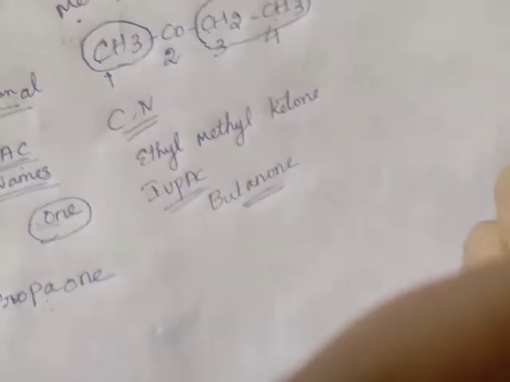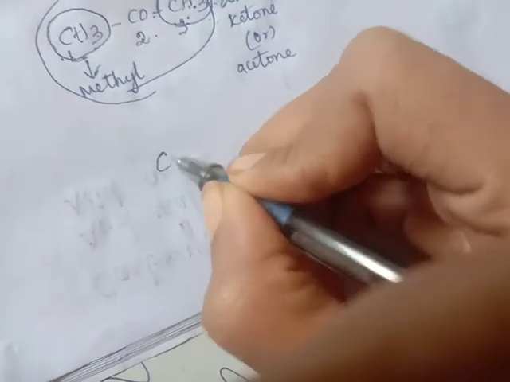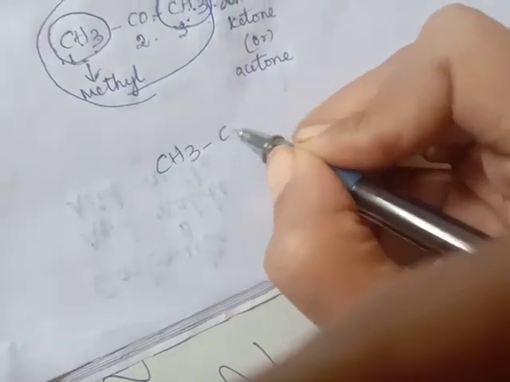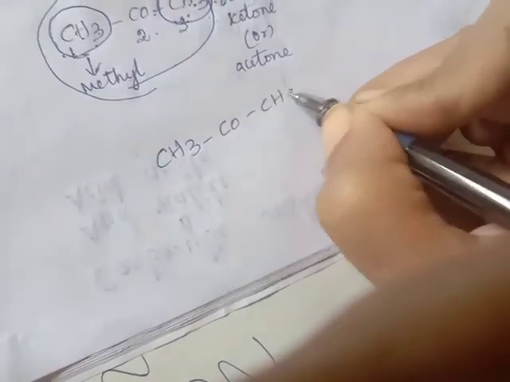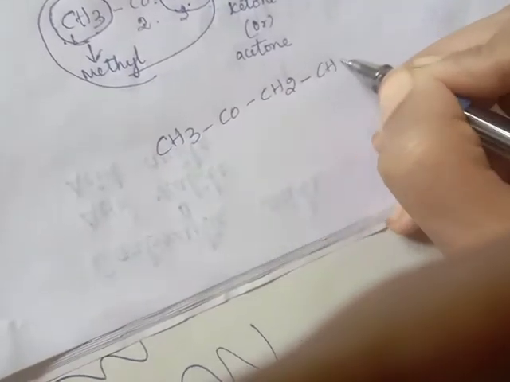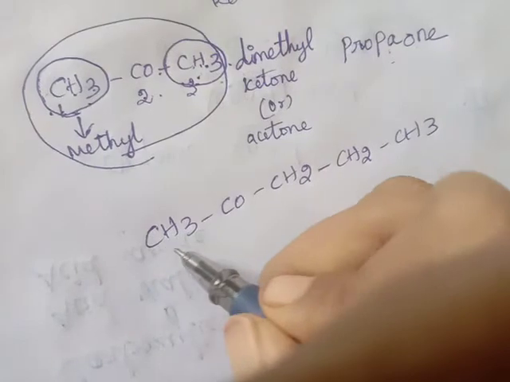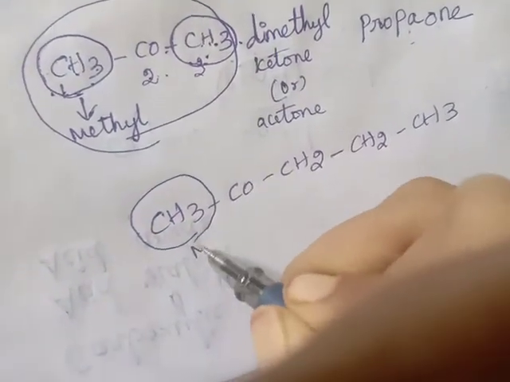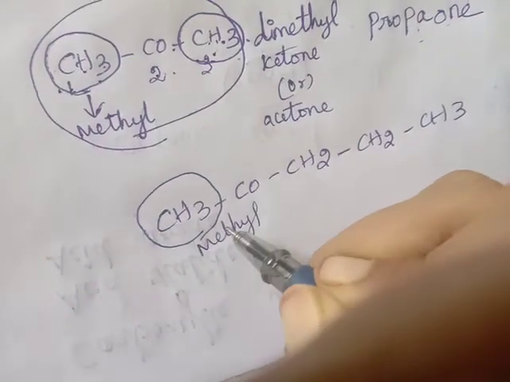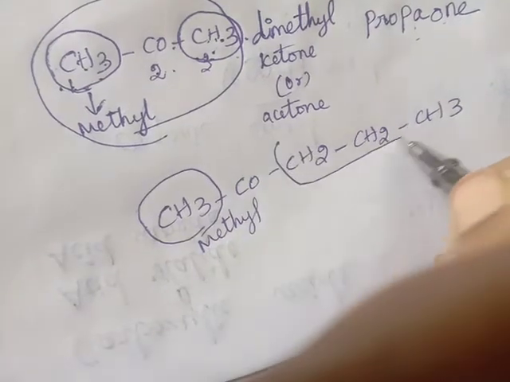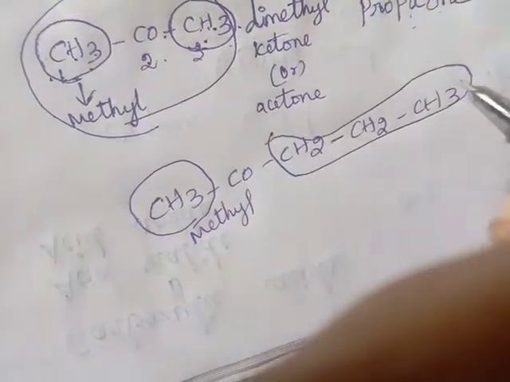Now another example. CH3COCH2CH2CH3. What is the common name? Here one methyl group is present. And what is this group? This is not a methyl group and this is not an ethyl group.